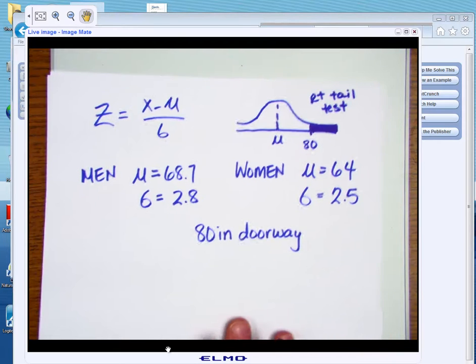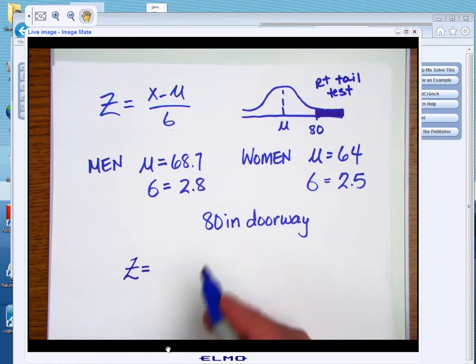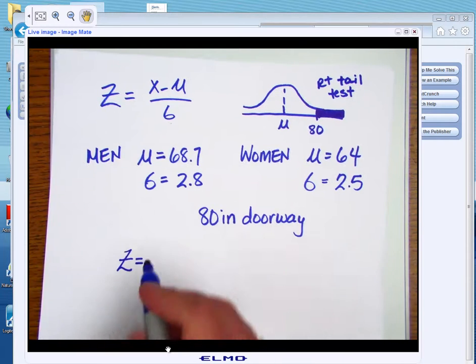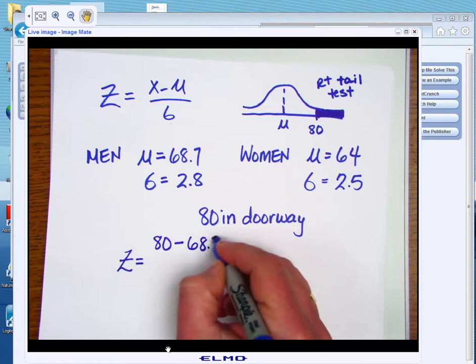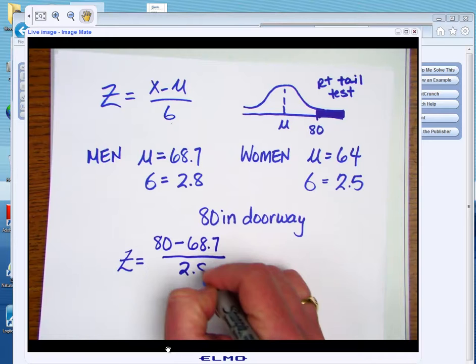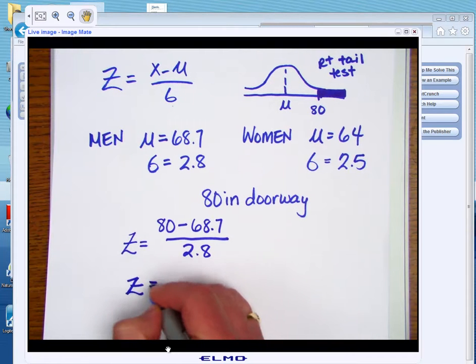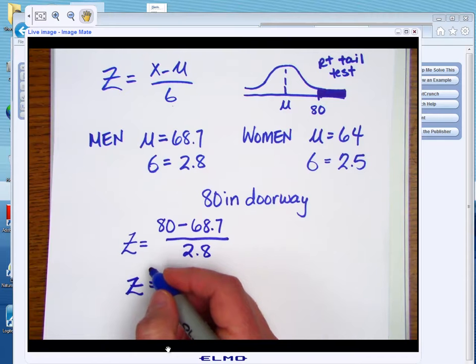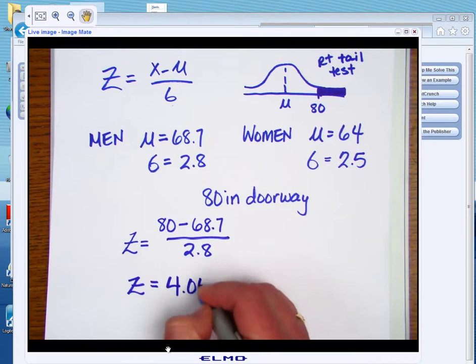All right, the first thing we're going to do is calculate our z for each of these. Dealing with men, I have an 80-inch doorway, so I'm going to put that in for x. Subtract off the mean, divide by the standard deviation. Plugging that into my calculator, I get a z equal to 4.04.